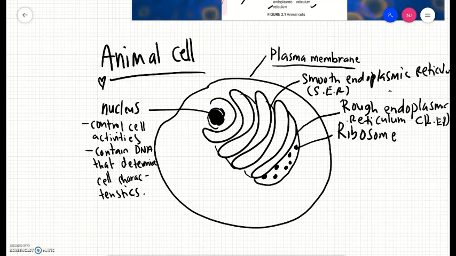Since ribosome is attached to it, this rough endoplasmic reticulum will transfer the protein that's synthesized by the ribosome. The function of the ribosome is to synthesize protein.